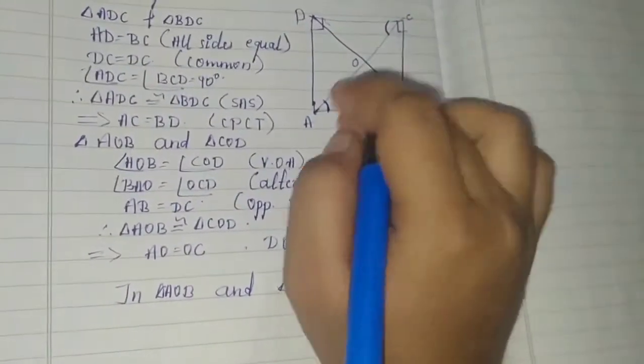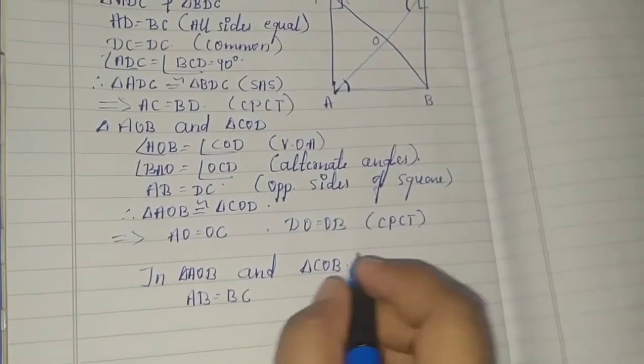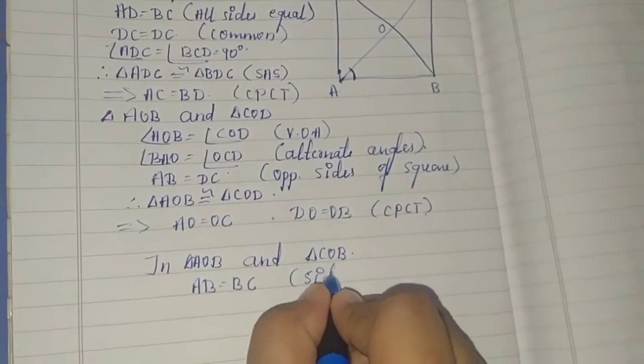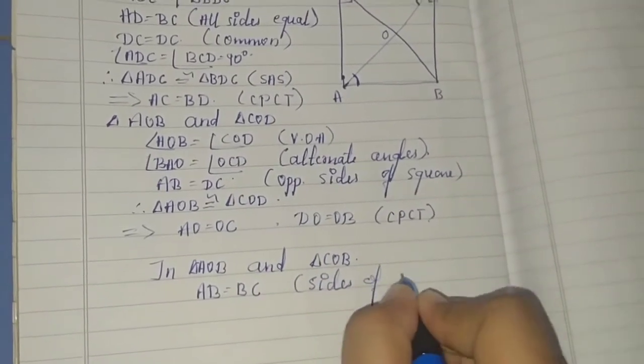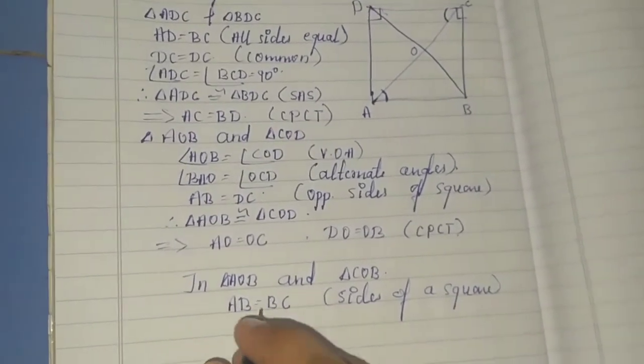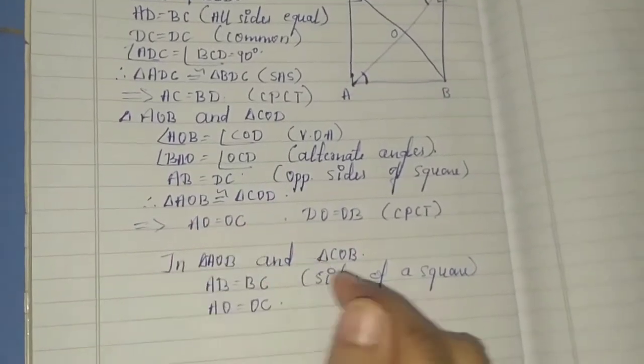These two triangles you just consider. In these triangles, AB is equal to BC because sides of a square are always equal to one another. AO is equal to OC, already we have proved this, right?